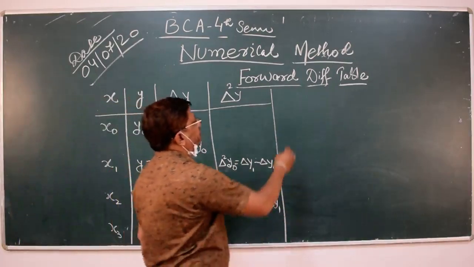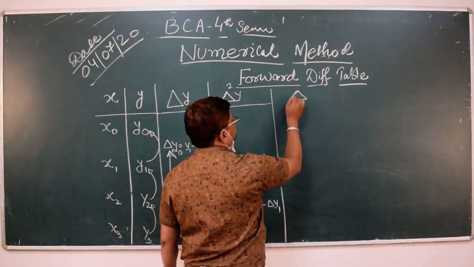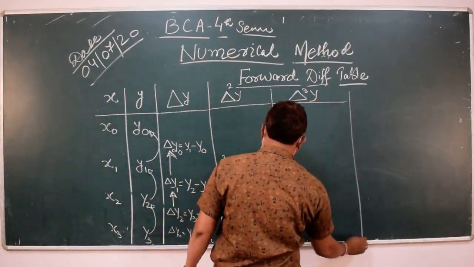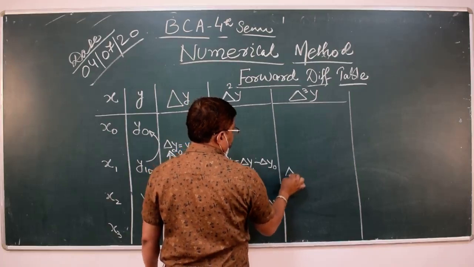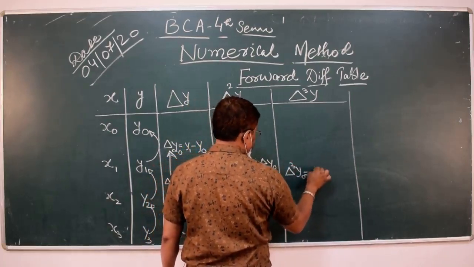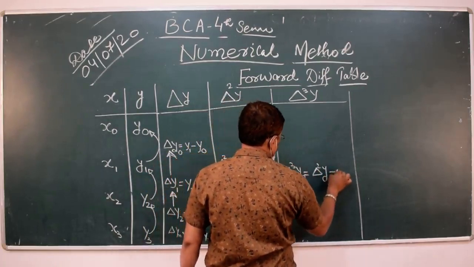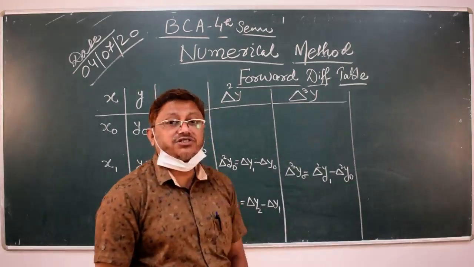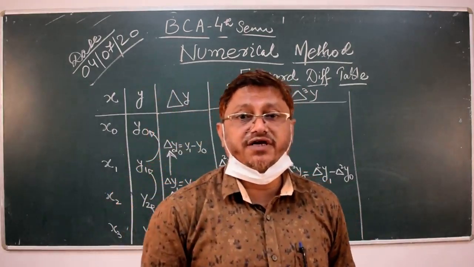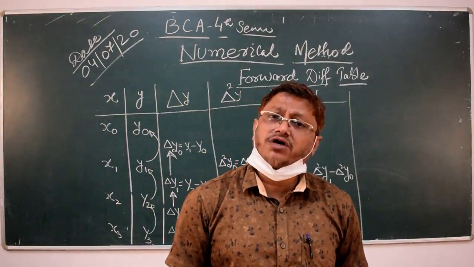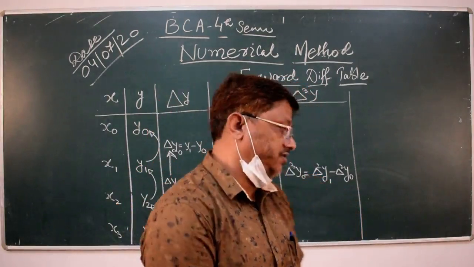Now come to the third difference, delta cube Y0, which is equal to delta square Y1 minus delta square Y0. This table is called the forward difference table. Now come to the backward difference table.